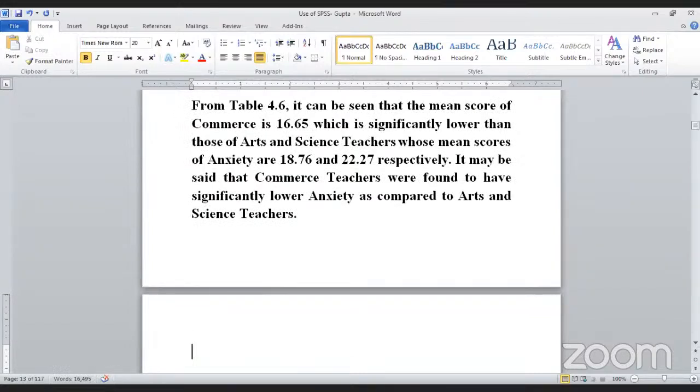So this is the finding which you have got.